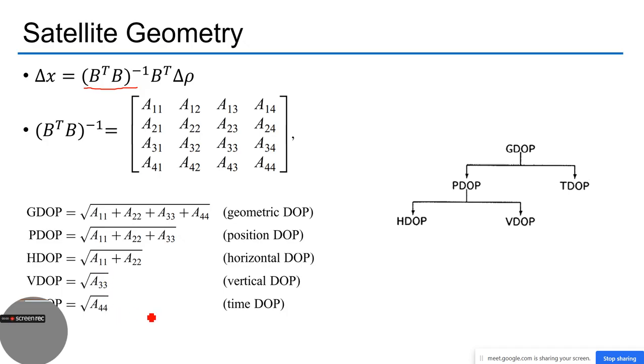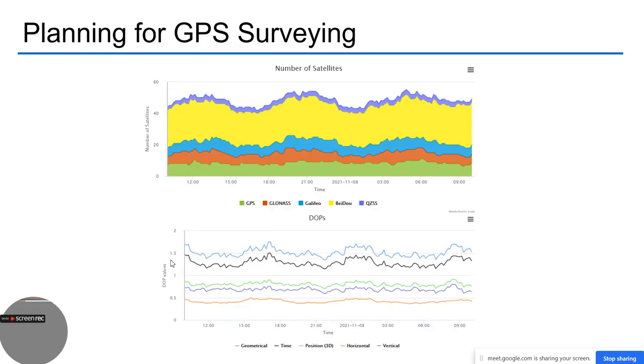When you do GPS planning before going to survey, you can use the Trimble site or some other site for survey planning. There you will get to know the different DOP values at a given location and given time. So you have to give the location where you want to do the survey and the time at which you want to do it.